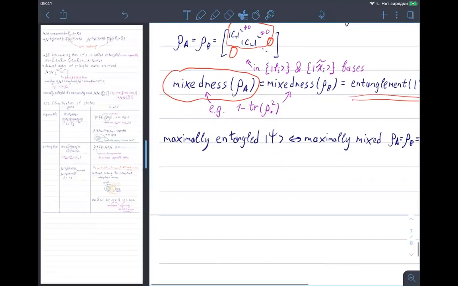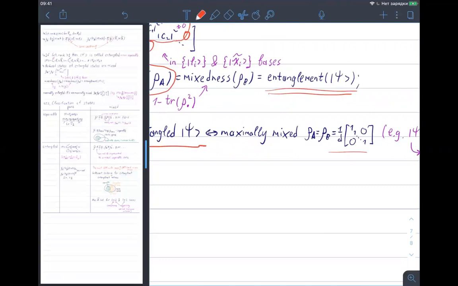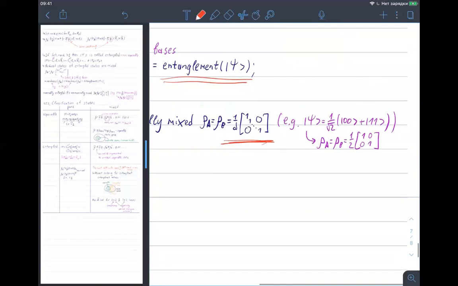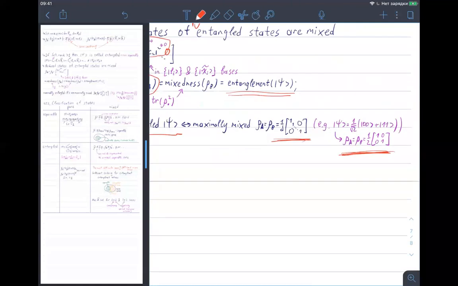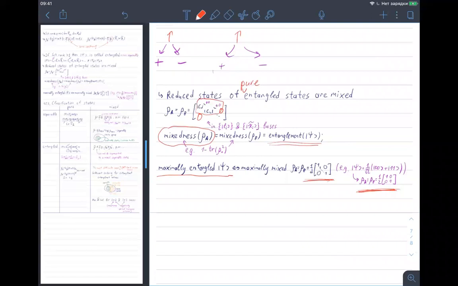For example, our Bell states, which we considered previously, are maximally entangled because their reduced states are proportional to the identity matrix. So they are maximally correlated in some sense, and these correlations imply some chaoticness of your reduced states.